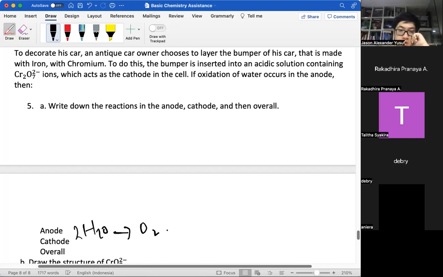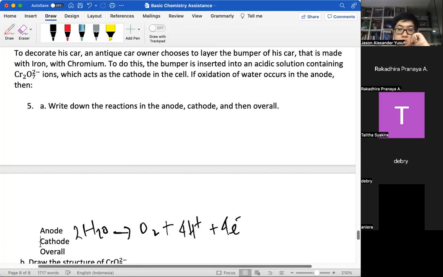Next, we need to add H plus ions here in order to balance the hydrogen. So this is 4H plus. Hence, in order to balance the charge, next we add 4 electrons so that it will be neutral on both sides. So that's the reaction in the anode.